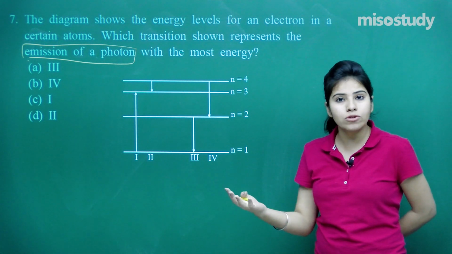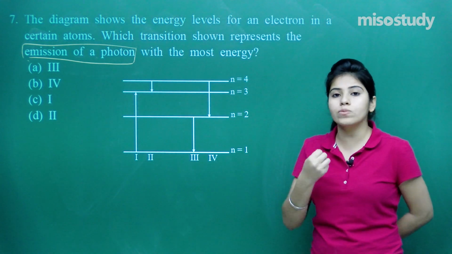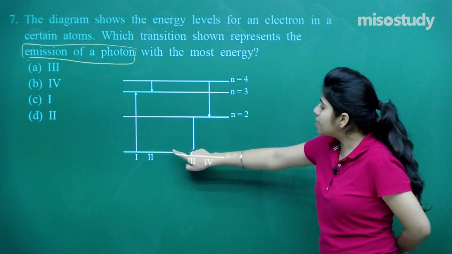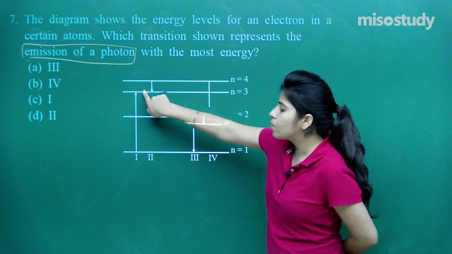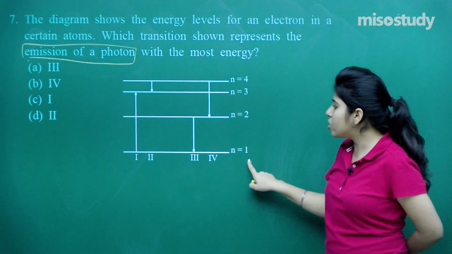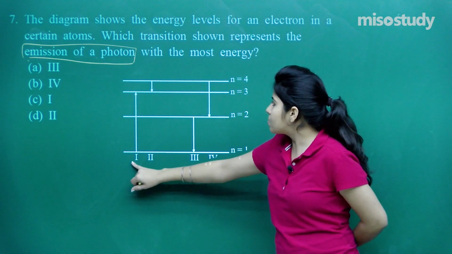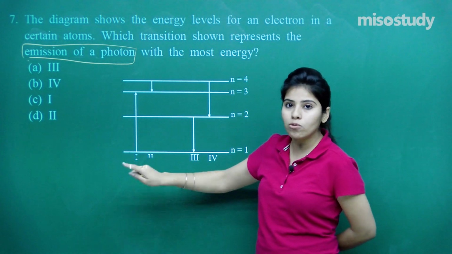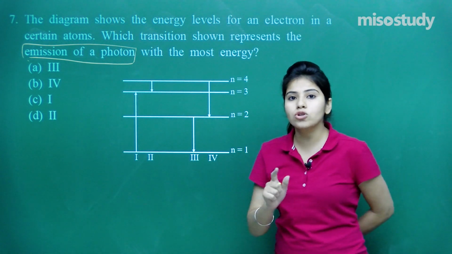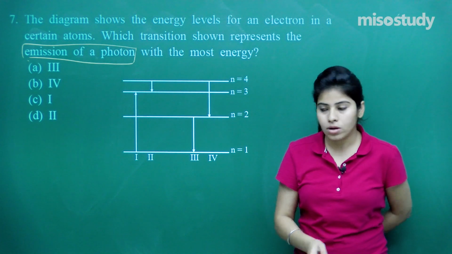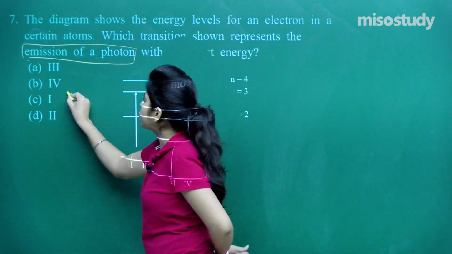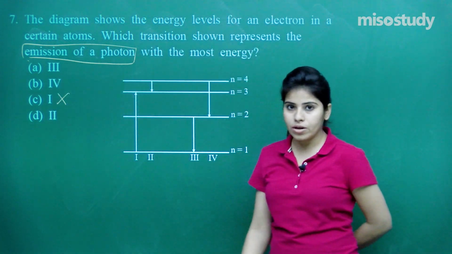It will not emit a photon, it is going to absorb the energy. So the transition from energy level 1 to 3, the first part, is not going to show the emission of a photon. Definitely this option is going to be deducted from here.